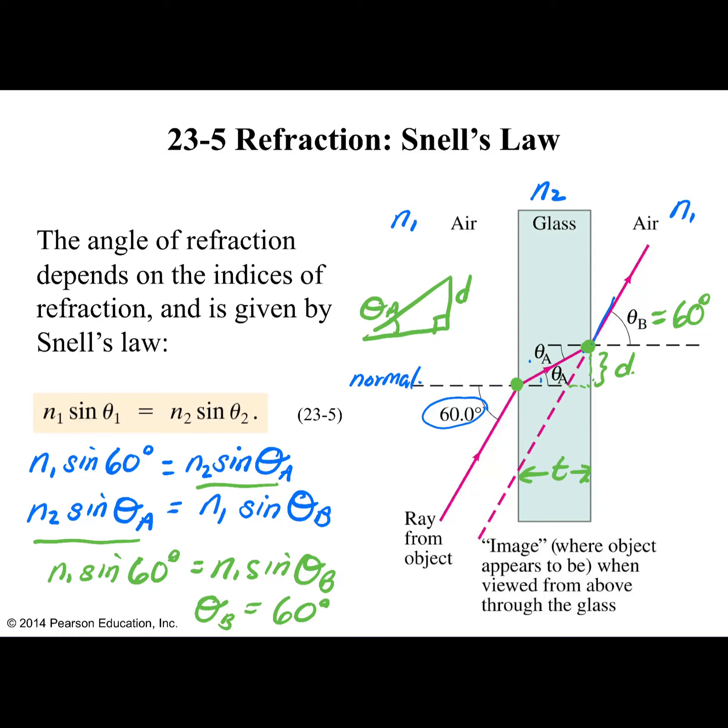I'm looking at this triangle here, and the thickness is T. So that tells me that tan theta A is equal to D over T. So I can figure out how much this image is shifted over by figuring out what theta A is, and then also knowing the thickness of the glass.